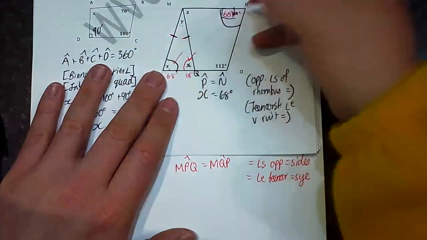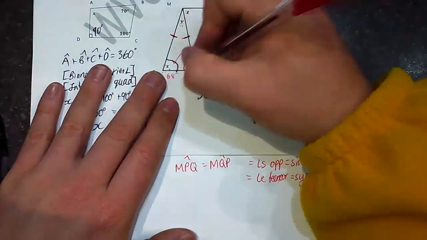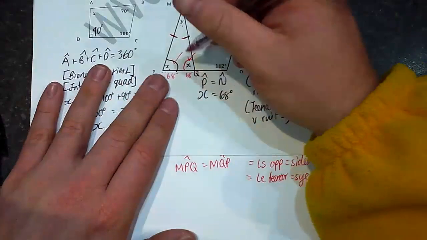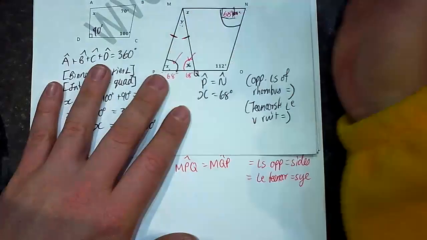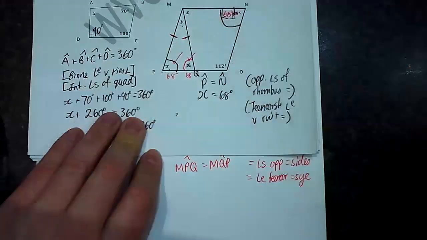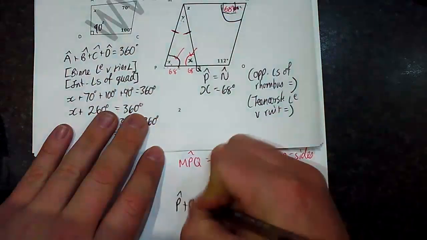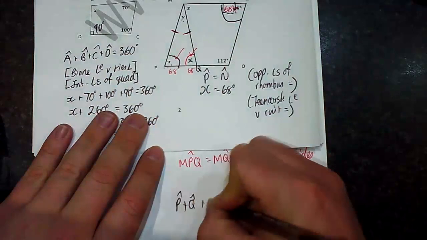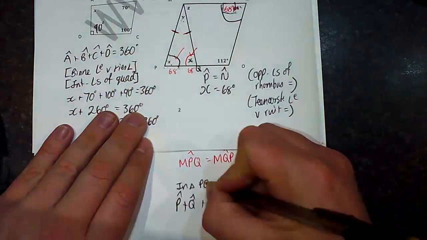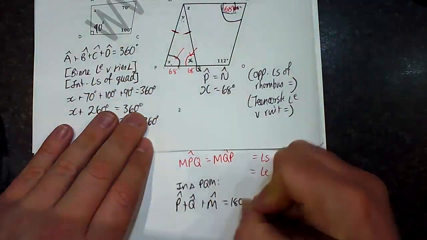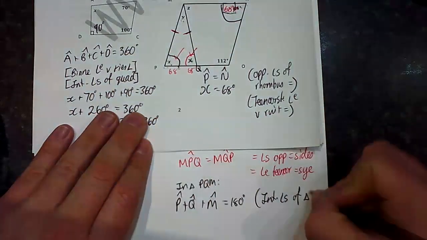So therefore, we can now go find y using interior angles of a triangle. You could have gotten the exterior angle and then subtracted, but okay. Sharp. So therefore, we have angle P plus angle Q plus angle M if we are working in triangle PQM. They are all equal to 180 degrees. Interior angles of a triangle.